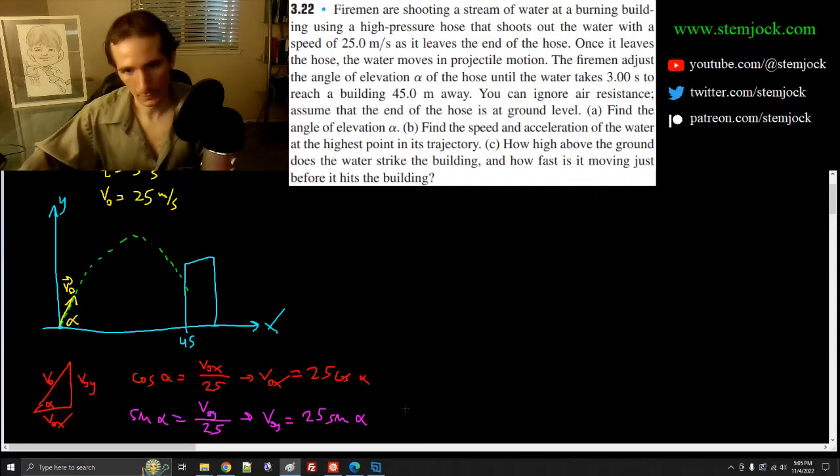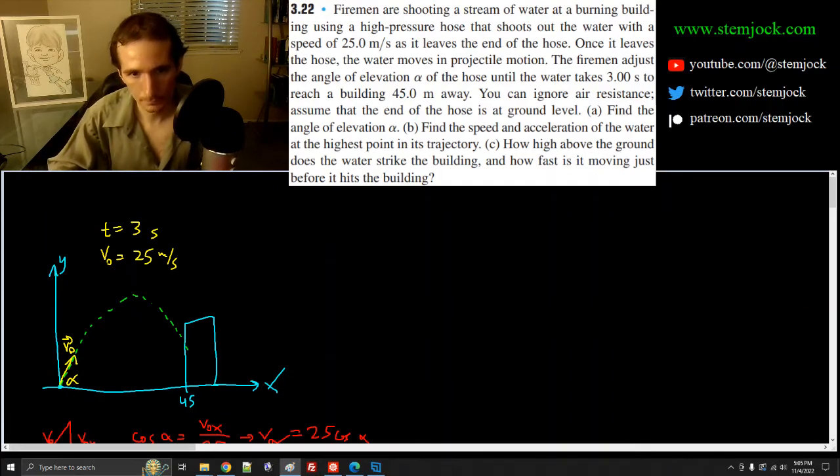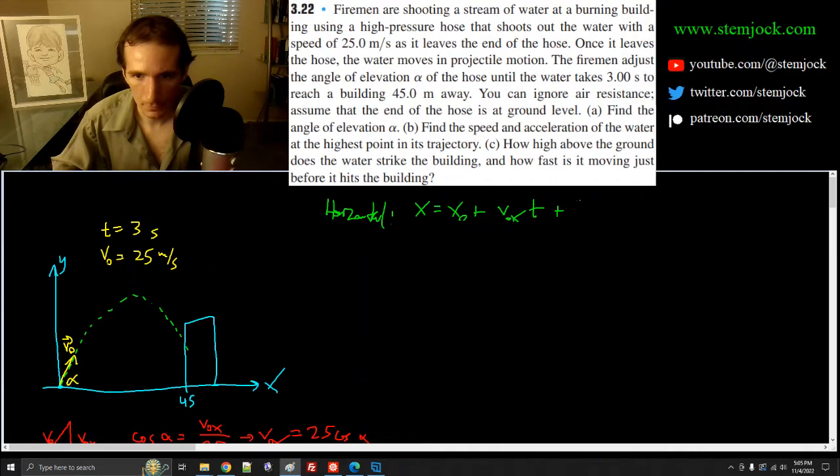And the reason I'm doing this is because I want to consider the motion in the horizontal direction now. So horizontal. The standard kinematic equation for that is x equals x naught plus v0x t plus 1/2 a_x t squared.